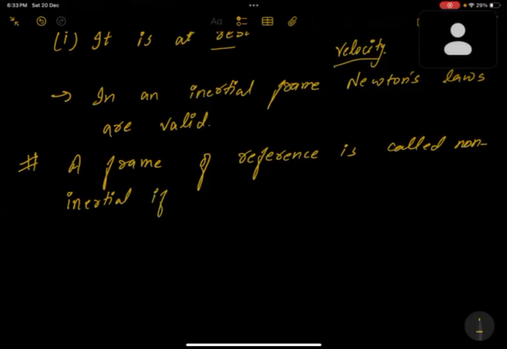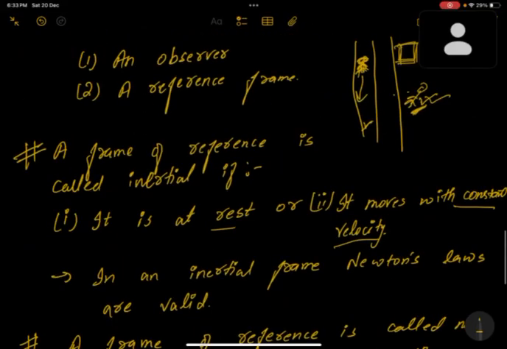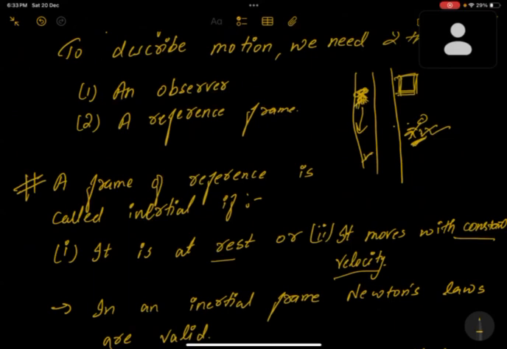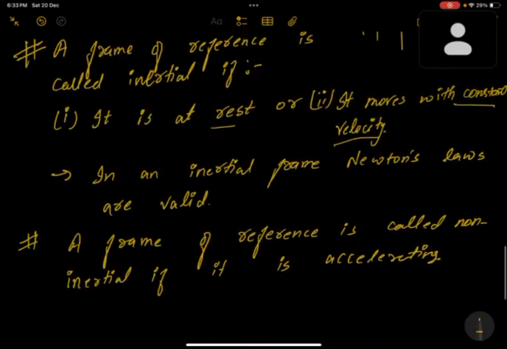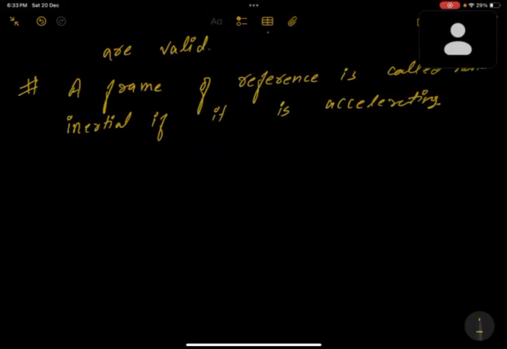Like in this case, if the train is accelerating, the train frame is non-inertial. In a non-inertial frame, we cannot apply Newton's first law directly. Newton's first law fails in a non-inertial frame.